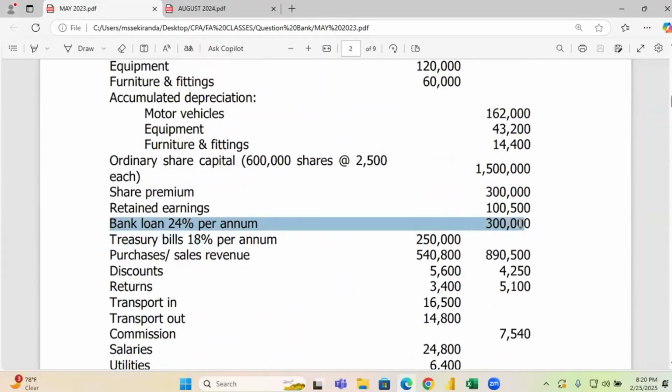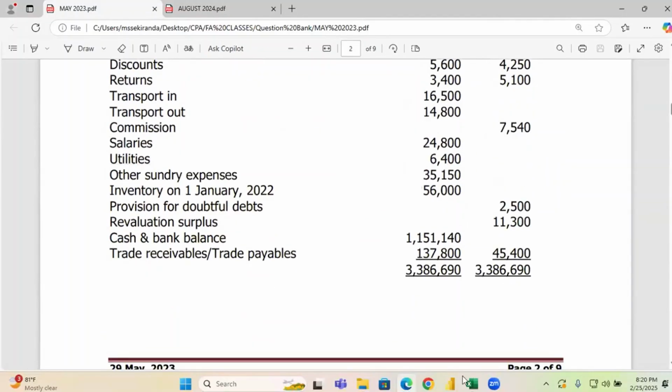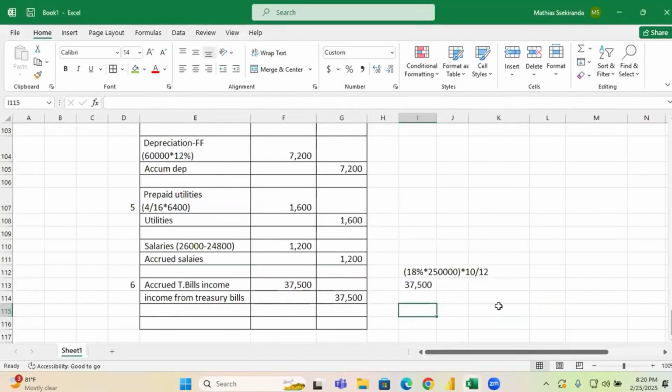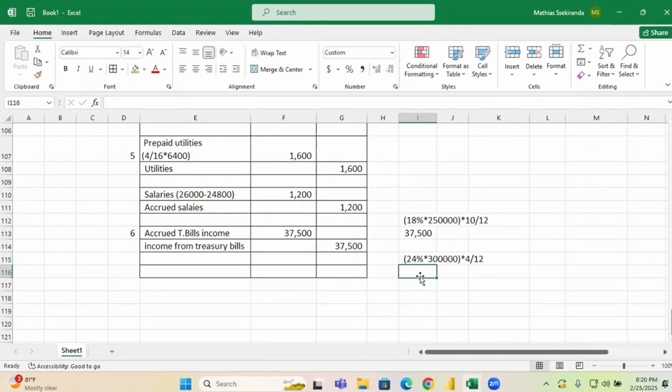A bank loan is 24% per annum, 300,000. So you compute it: 24% times 300,000 times only 4 months. This financial year, we shall only recognize interest expense for 4 months, because those are the only months we utilized this loan this financial year.